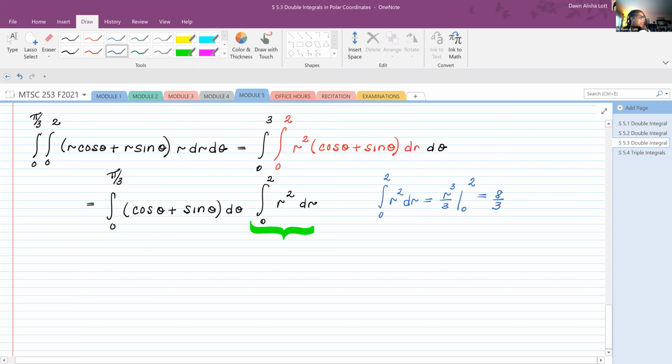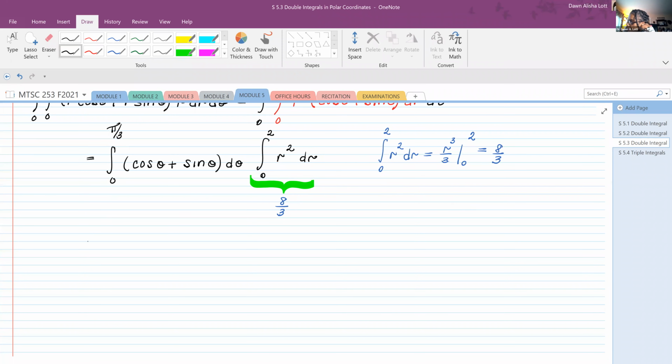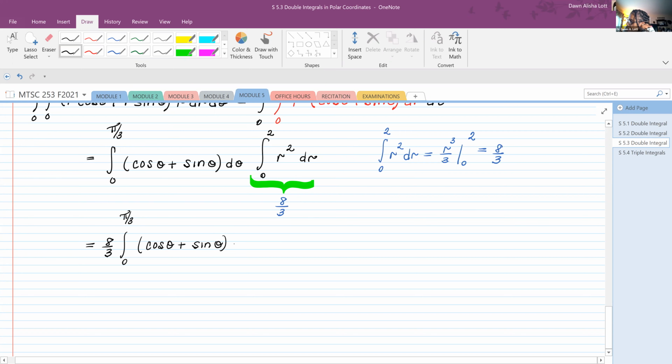So that piece is just 8/3. So the piece I really have to deal with, this now becomes 8/3 times the integral from 0 to pi over 3 of the cosine of theta plus the sine of theta d theta.